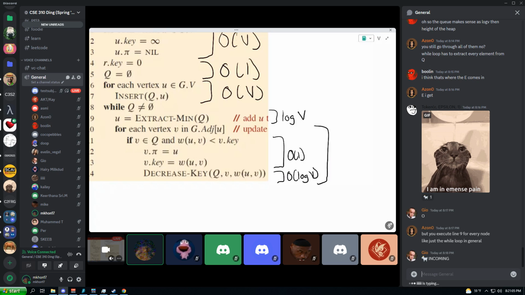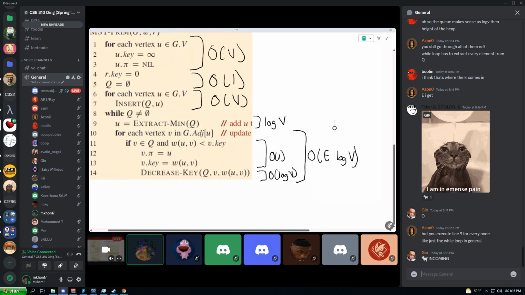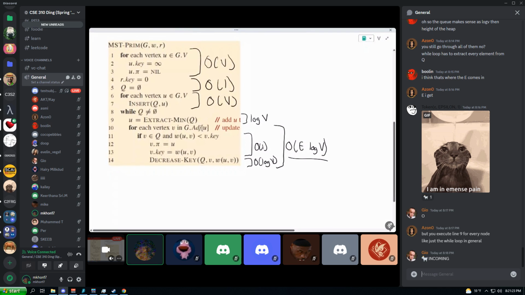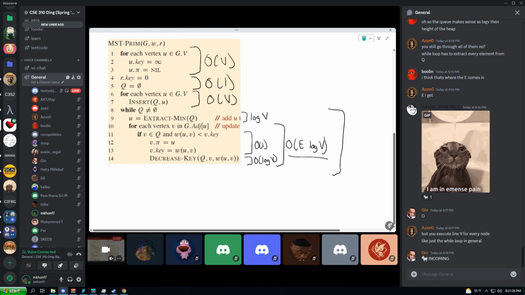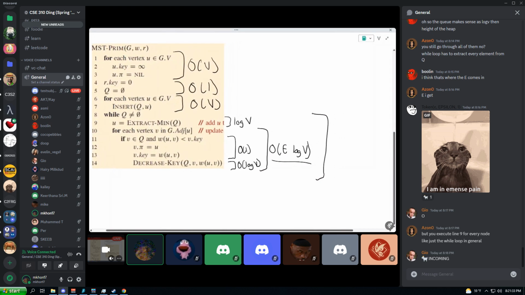So I believe it's because of that that the big O of E log V comes in. Right? And then with all of that said and done, that's where the E log V comes in with the algorithm. And then this whole thing, while the queue is not empty, that's where the V comes in, because the Q was populated with all V, so that's where the big O of V E log V comes in, right? And that's what we can conclude with.